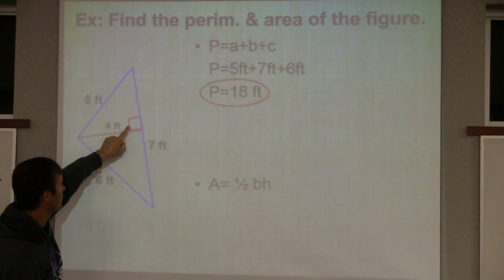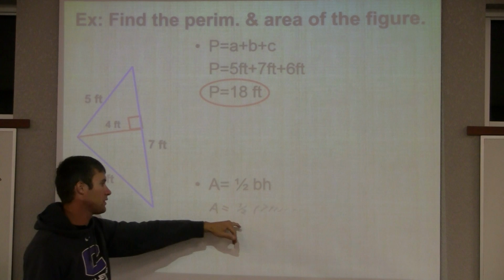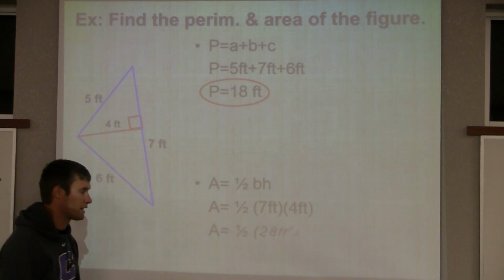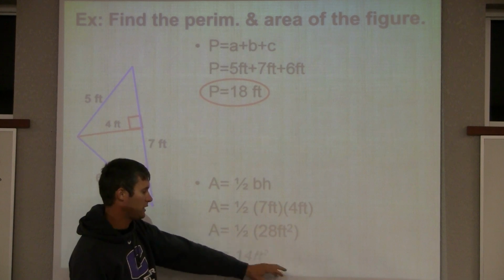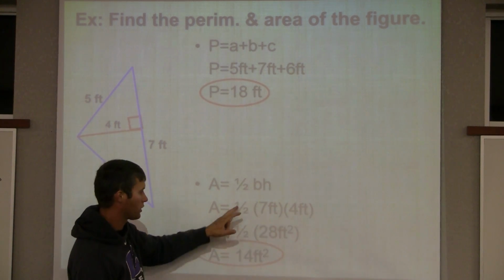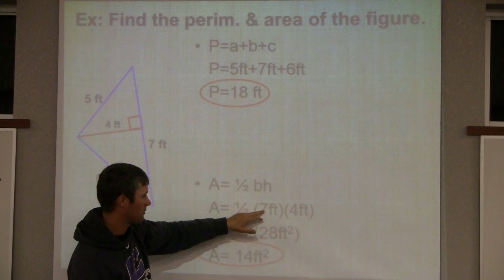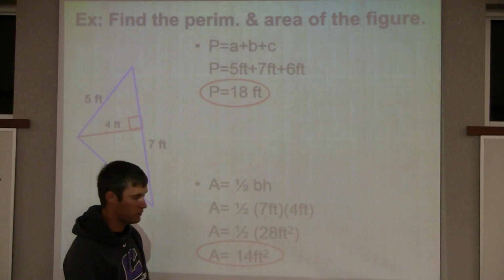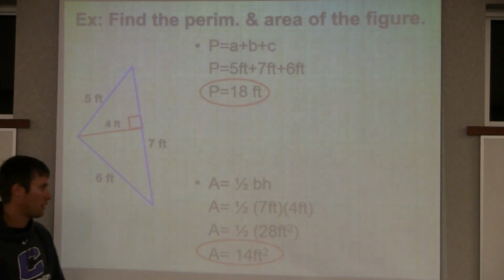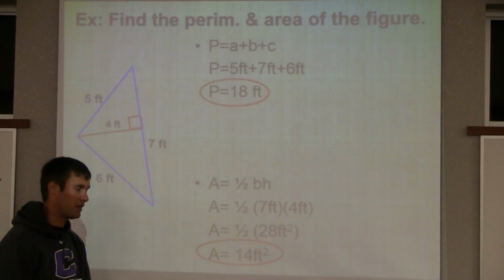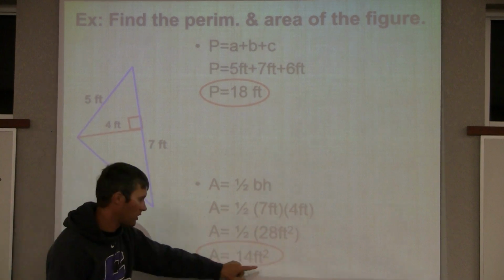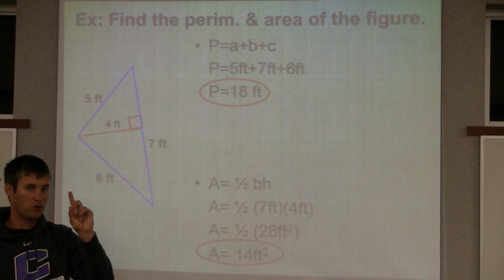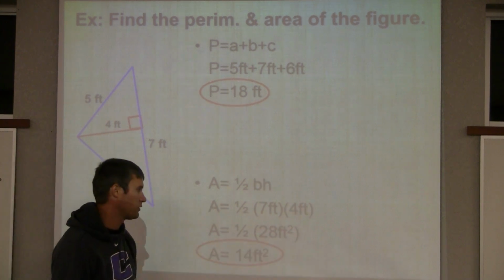So I go 1/2 my base, 7 times 4, which would be 14 feet squared. You could go 1/2 of 4, then times that by 7. You could go 7 times 4, which is 28, and then 1/2 of 28 is 14. Or you go half of 7 and then multiply. What's important is making sure you're putting feet and squared. When we multiply for area, there are 2 dimensions, and that's why we have a square unit.